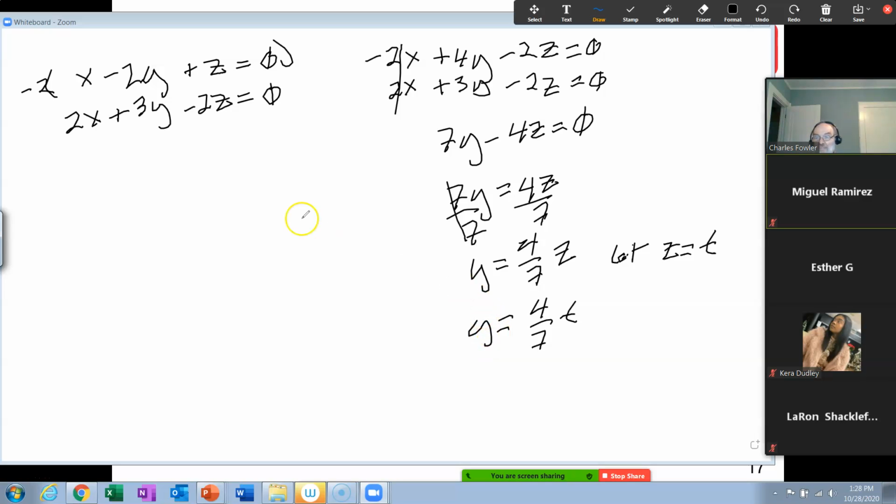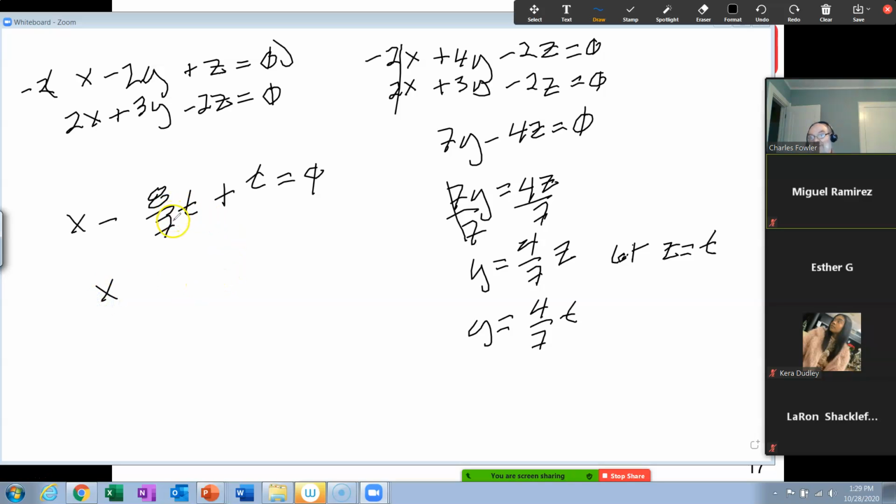Now take that and plug it back into any one of the equations here, and that would give you x minus 2 times y. Well, y is 4/7 t, so that would be minus 8/7 t, plus your z, which was t, plus t is equal to 0. Well, add those two together and you get x.